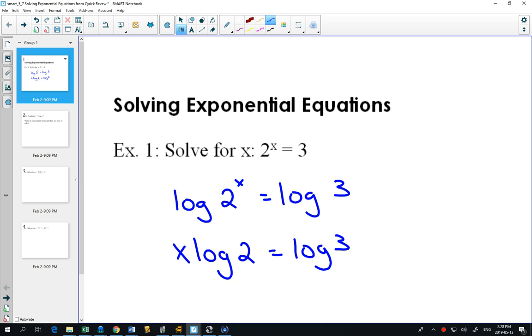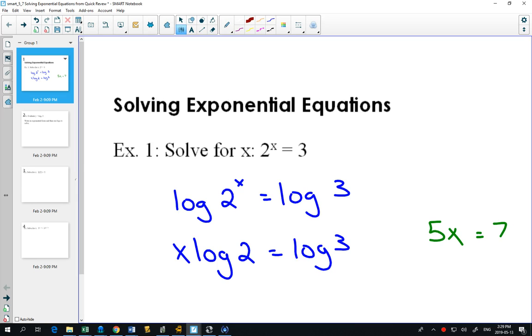And although this looks complicated, this is exactly the same as when you have x times 5 equals 7. What would you do mathematically? Normally, you wouldn't write x times 5. You'd probably write 5x, right? And if you had to solve for x, you'd divide by 5.